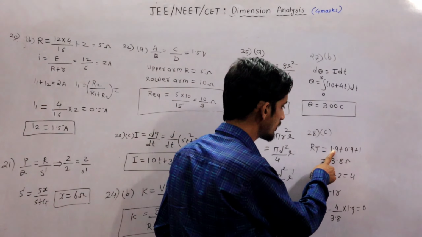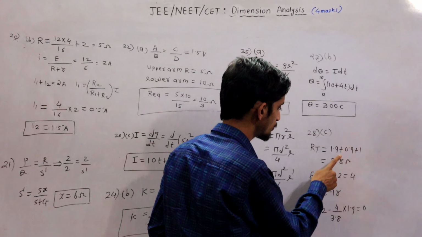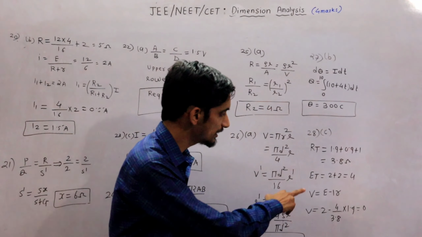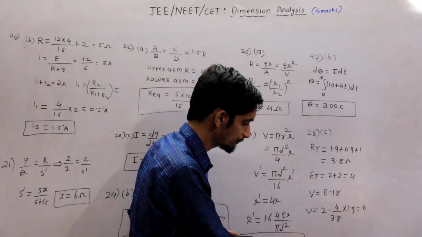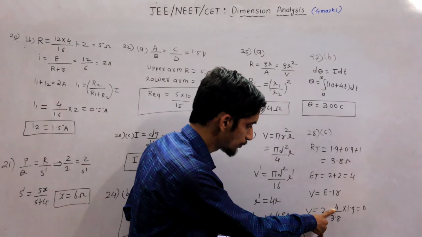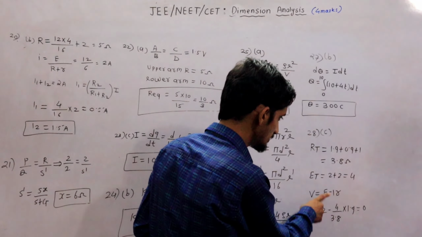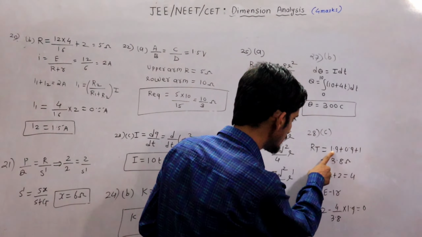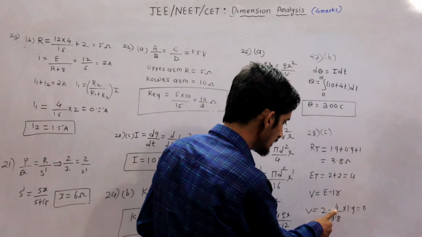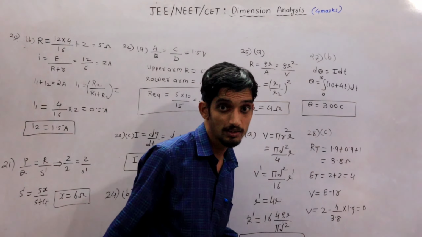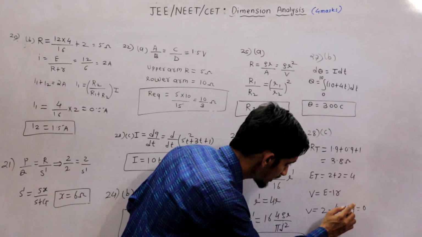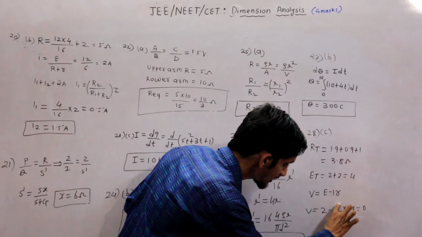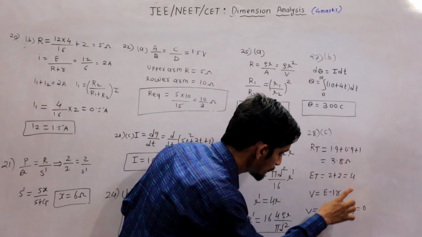Total resistance is what? 1.9 plus 0.9 plus 1, which is 3.8, and total EMF is what? 4 volt. So terminal voltage is E minus Ir. E is 2 minus 4... Now listen here. This is Ir, internal resistance is 1.9, and I is E by R, so 4 by total resistance 3.8. So this is EMF minus I into r. This is the internal resistance, and I is 4 upon 3.8.